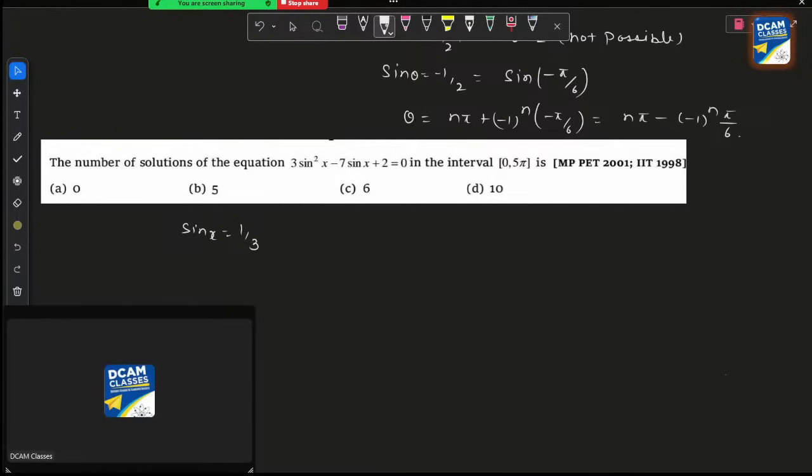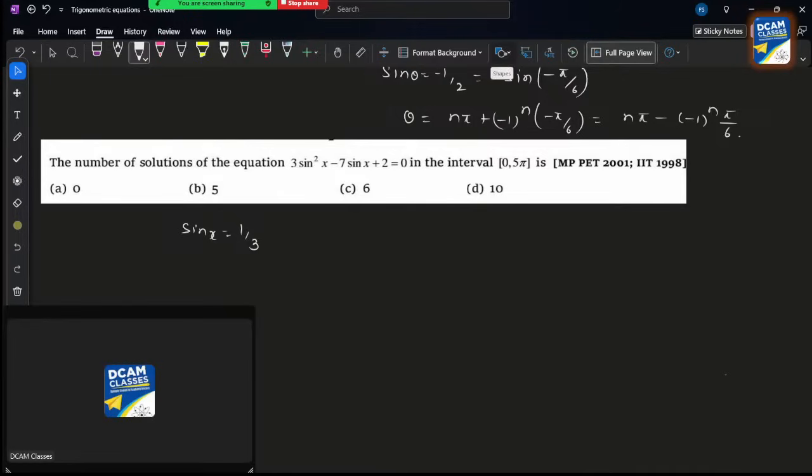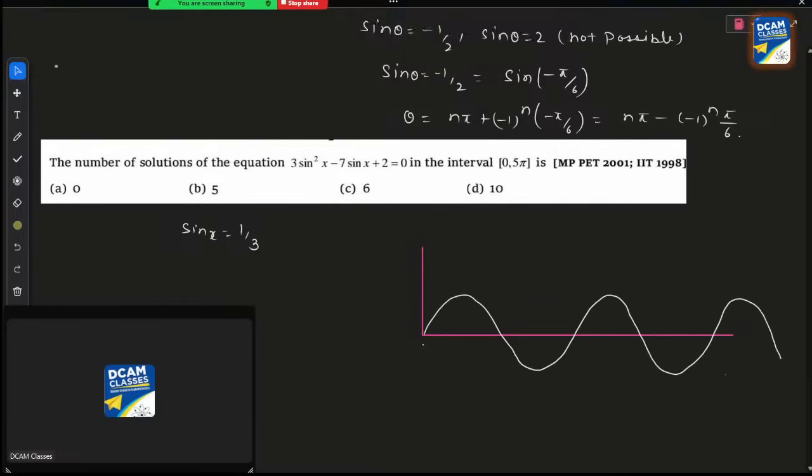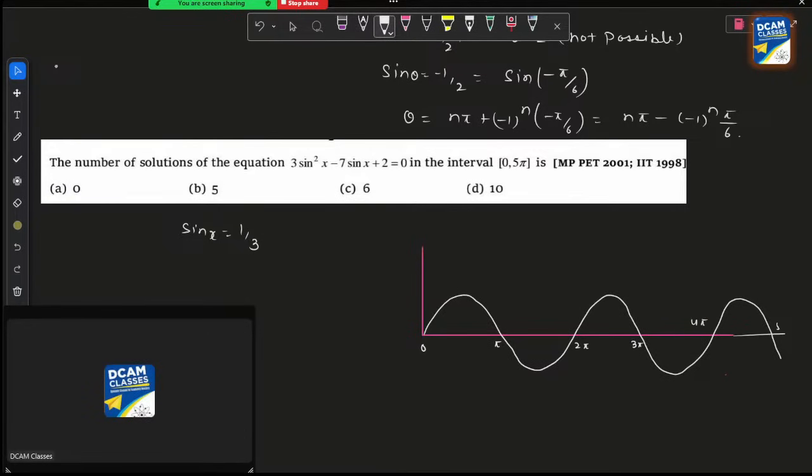A 1 by 3 value you will get. This is, suppose, 1 by 3. 1, 2, 3, 4, 5, 6. 6 only you are getting. It's simple. Yes, sir.